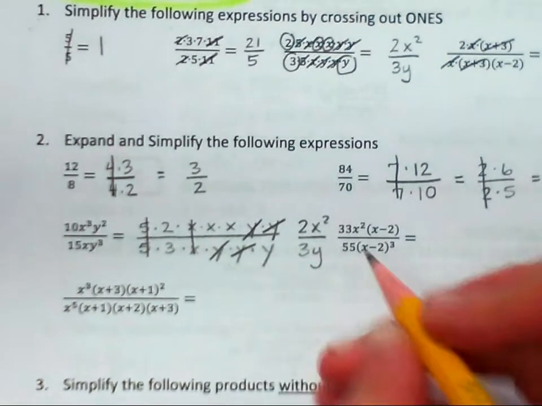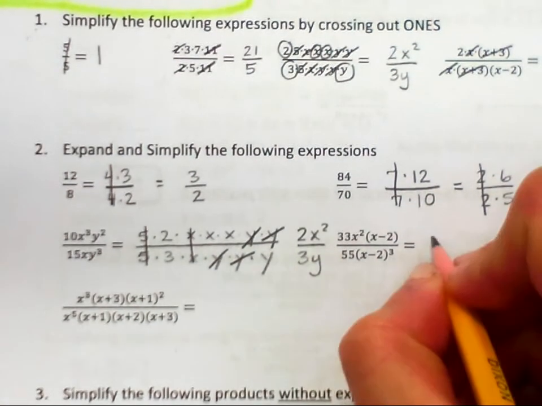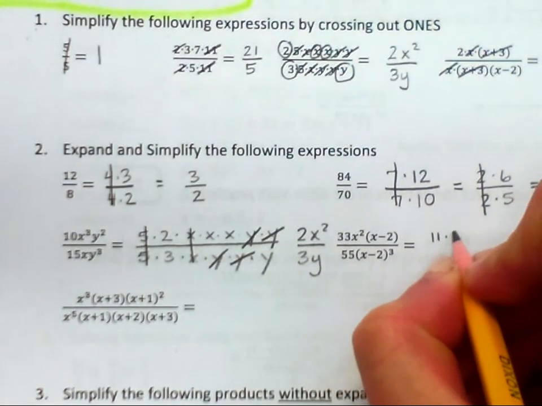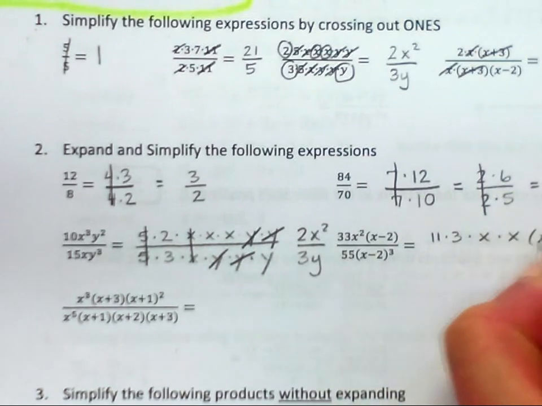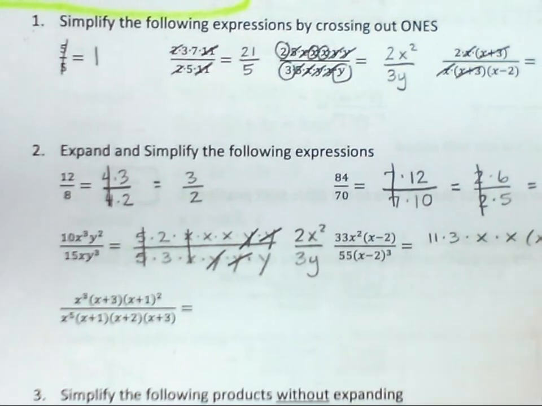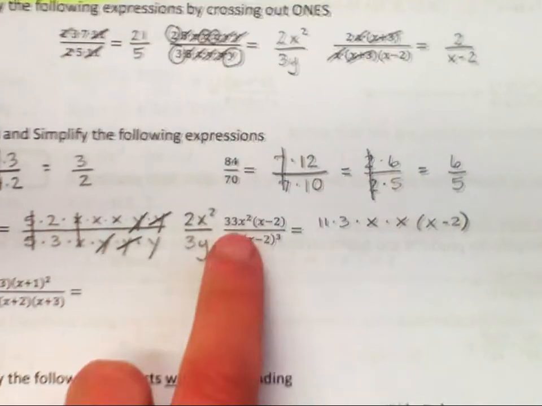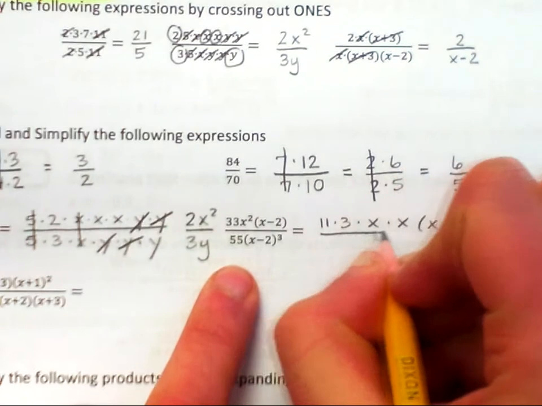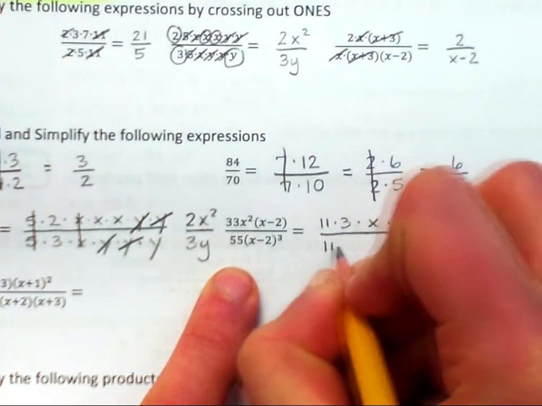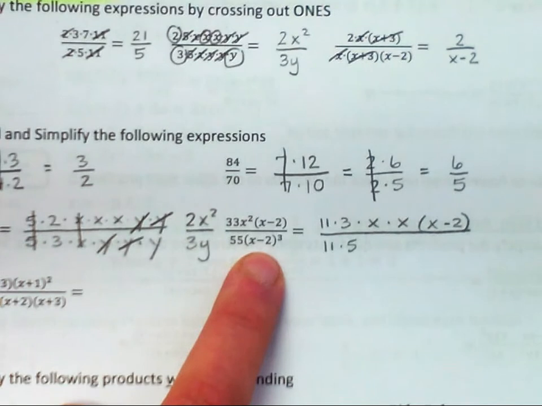Okay, 33 and 55. Those are divisible by 11, so we can do 11 times 3 times x, and x minus 2 is its own factor, over 11 times 5 times x minus 2 three times itself.